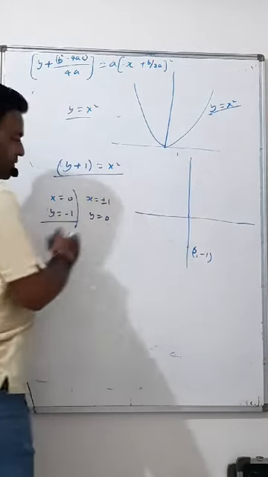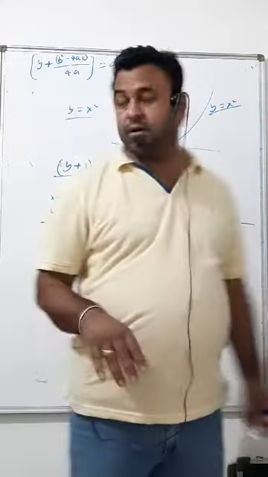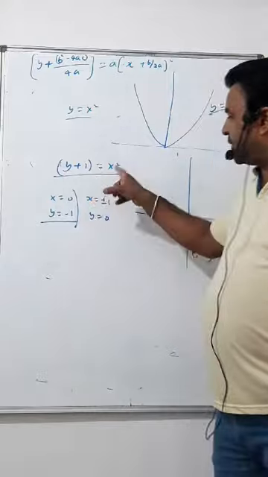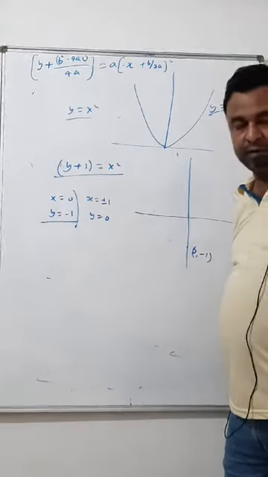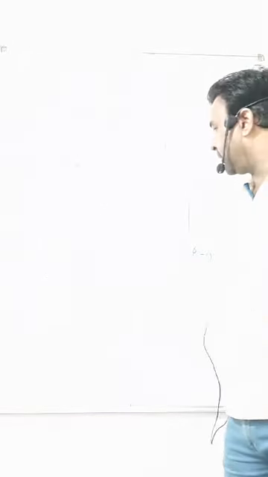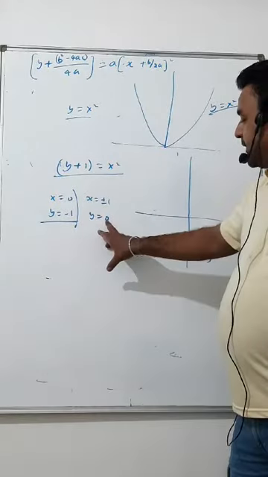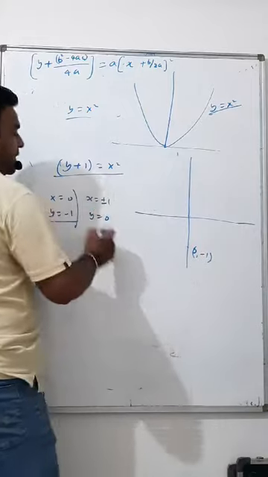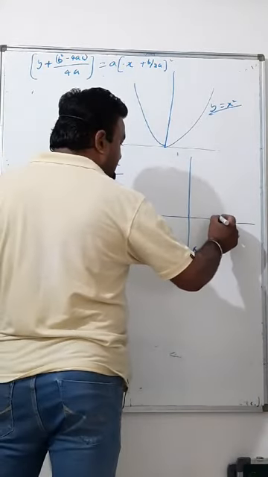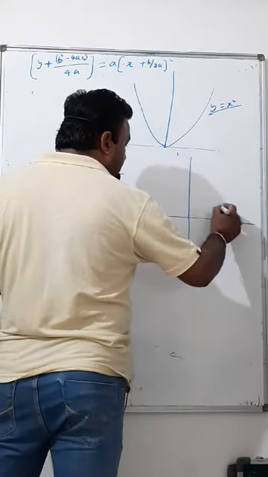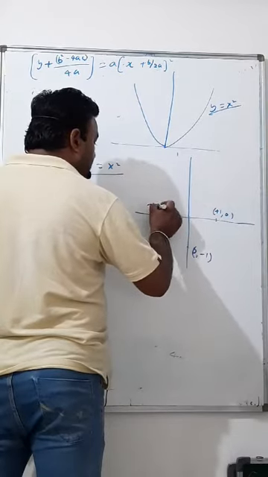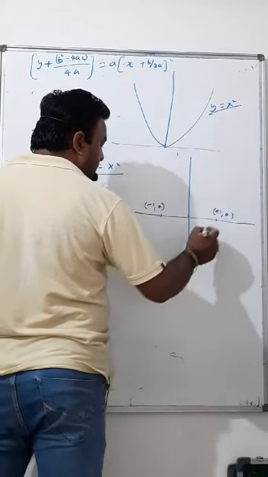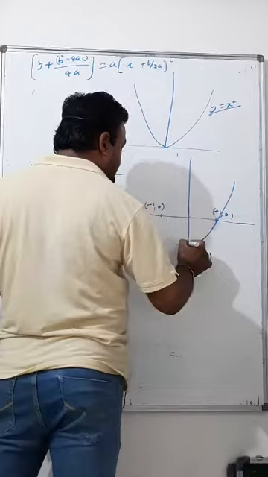Now the graph is allowed to go in the negative direction, but there is added 1, so x square will always be a positive number. At y is 0, y is 0 means x-axis, x has two values, plus 1, 0 and minus 1, 0. The graph will move like this.